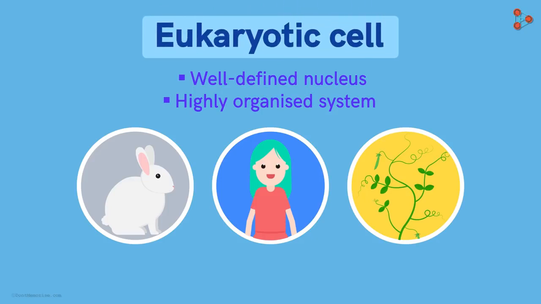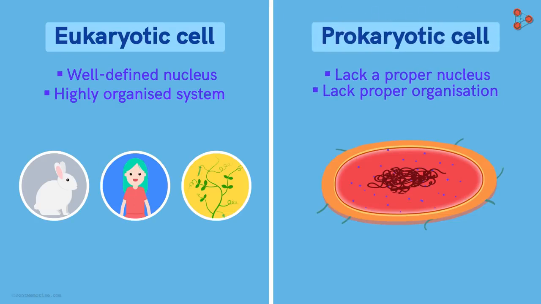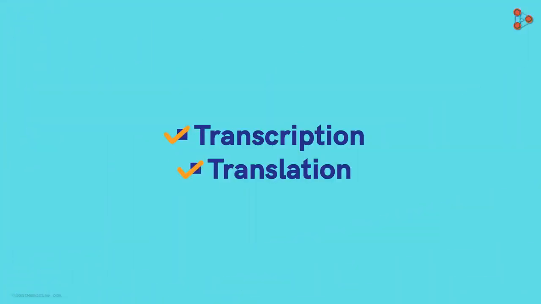On the other hand, cells which lack a proper membrane-bound nucleus and organization are called prokaryotic cells. Since they lack the proper membrane-bound organelles and nucleus, they do not undergo such complex and sophisticated processes. So the replication process in prokaryotes is slightly different. This was a brief idea about the transcription and translation process as seen in the eukaryotes.